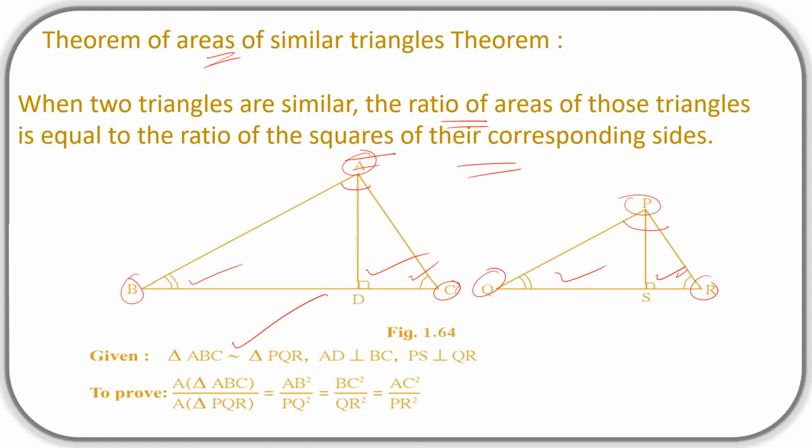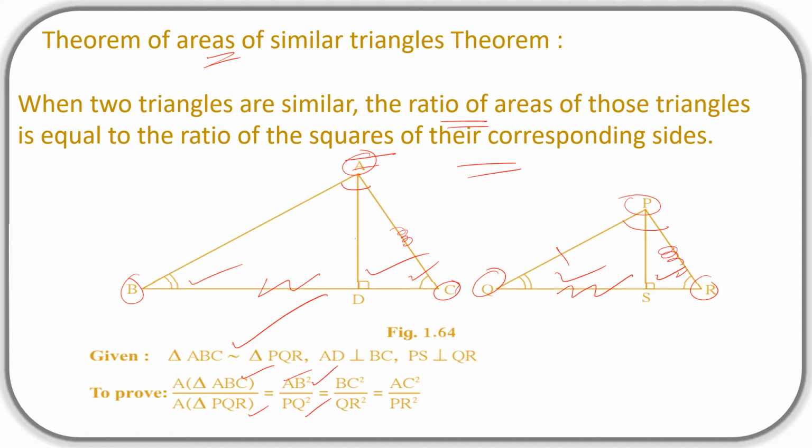And we proved that if you consider the area of triangle ABC and the area of triangle PQR and compare them, then you will get AB square upon PQ square, corresponding sides, BC square upon QR square, then AC square upon PR square.